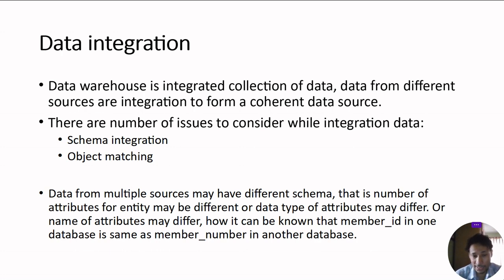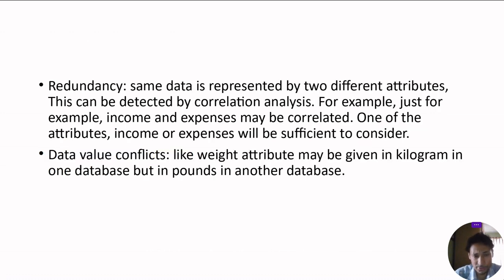In some cases attribute names may also differ. In one table member ID is written, in another table member name is written. So it will be difficult to integrate the data if the attributes have different names. Data redundancy: the same data is represented by 2 different attributes. This can be detected by correlation analysis.